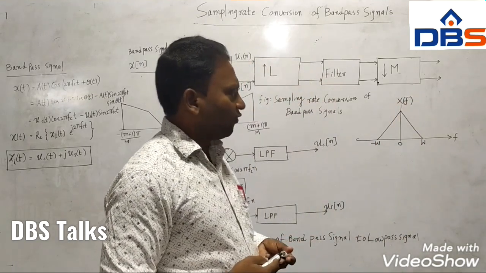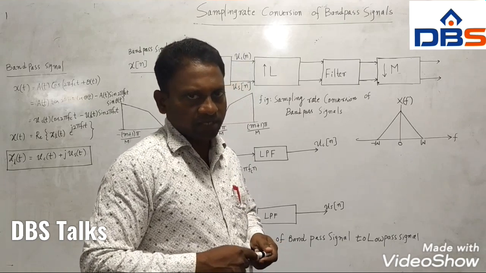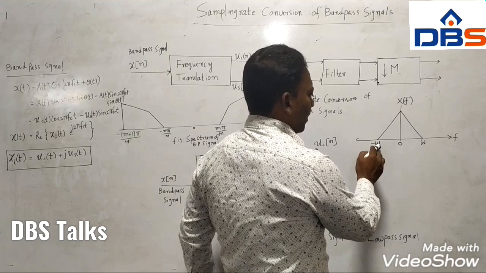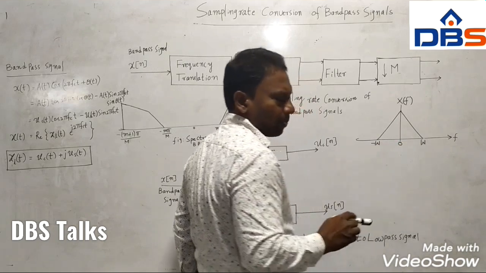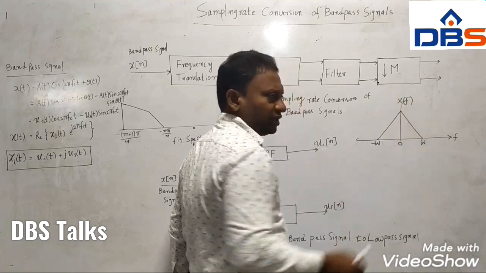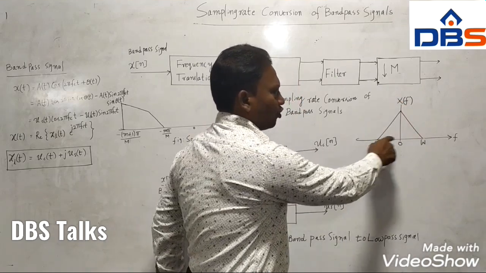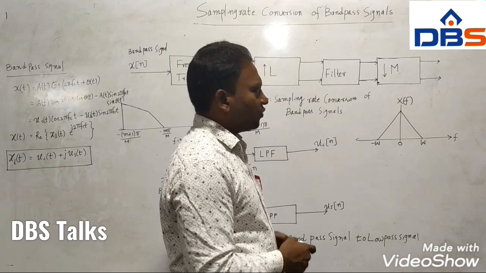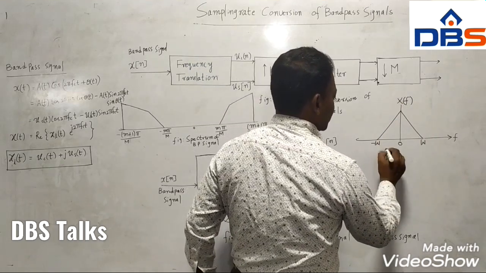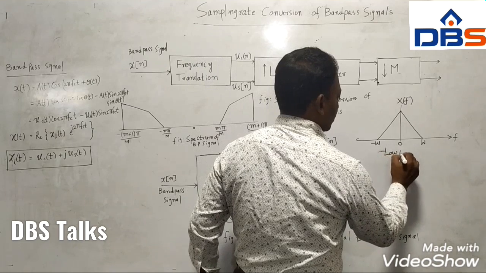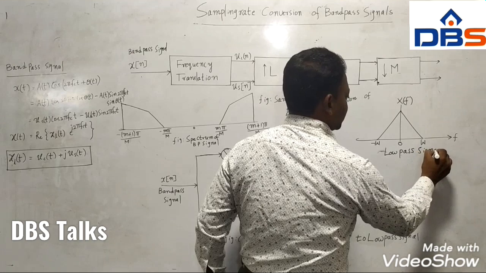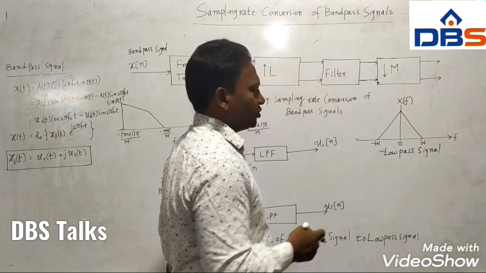X of f is the spectrum of the signal, and this spectrum is occupied from minus W to plus W. Therefore this spectrum of x of t is centered about the origin. That is why we call it a low pass spectrum or low pass signal.